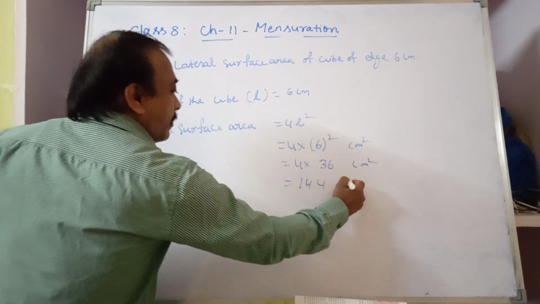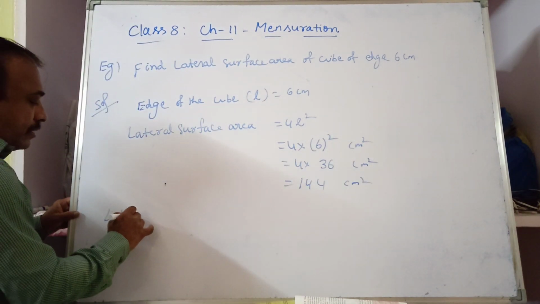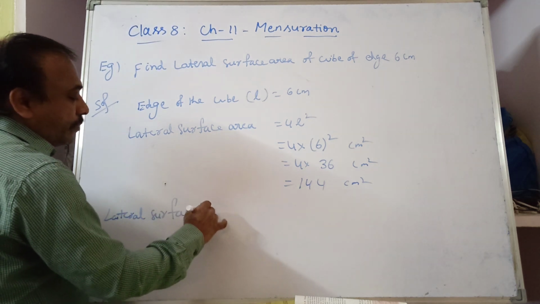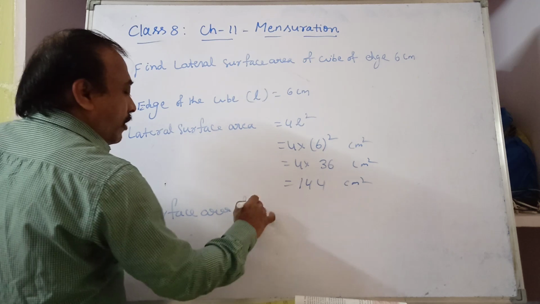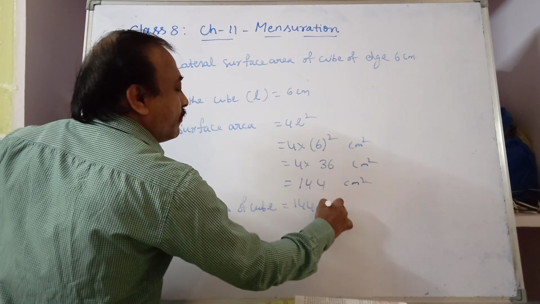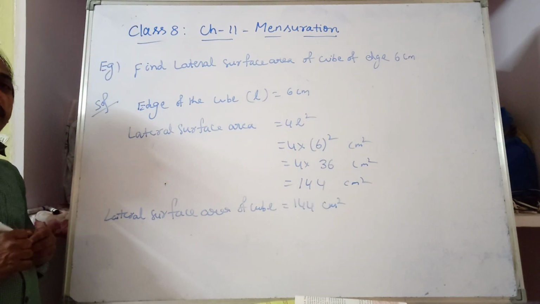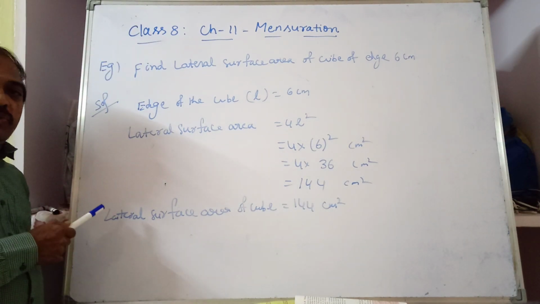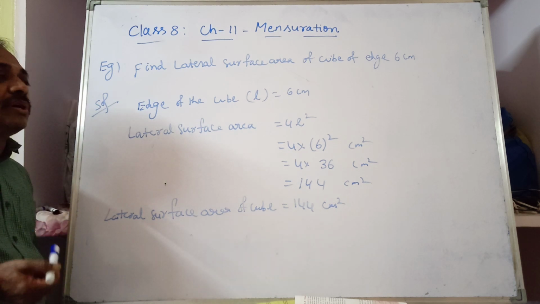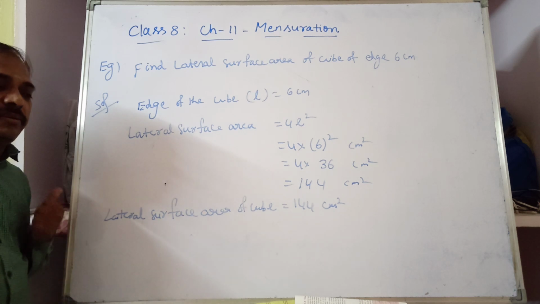So therefore, area of, or lateral surface area of cube is equals to 144 centimeter square. 144 centimeter square. I hope you understood how to apply the given values, how to substitute the values in the formula. Is it clear, students? Right.